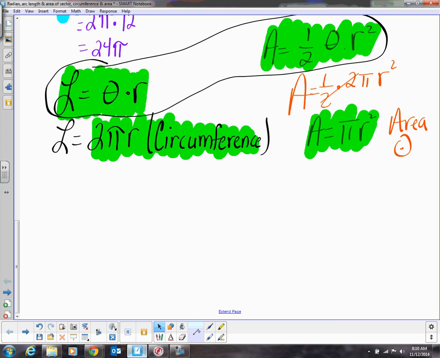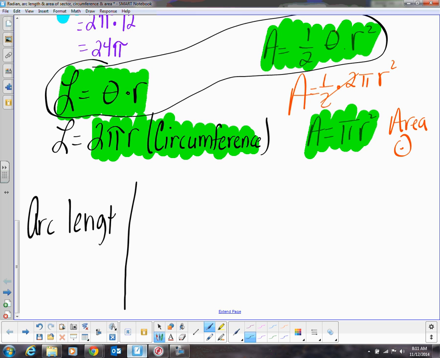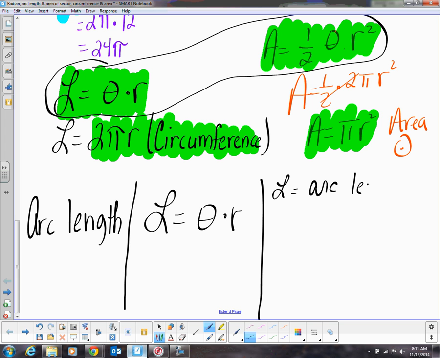All right. In the first column, I would like you to put arc length. In the second column, I want to see L is equal to theta times r. And in the third column, you might want to write L is arc length, theta is central angle in radians.